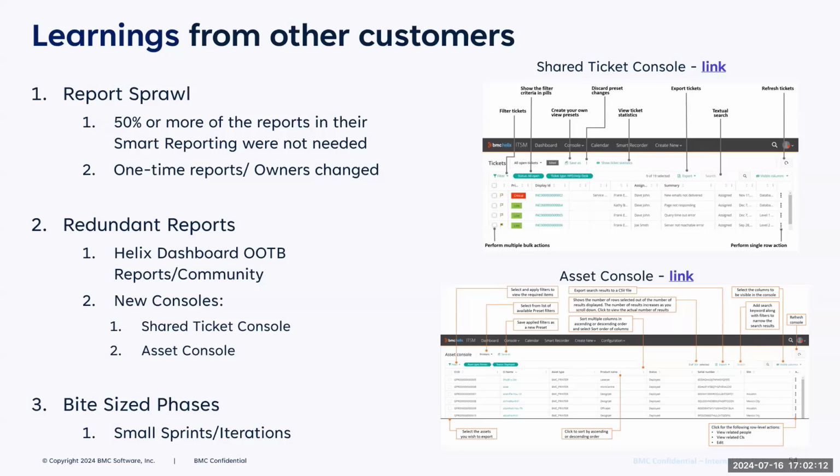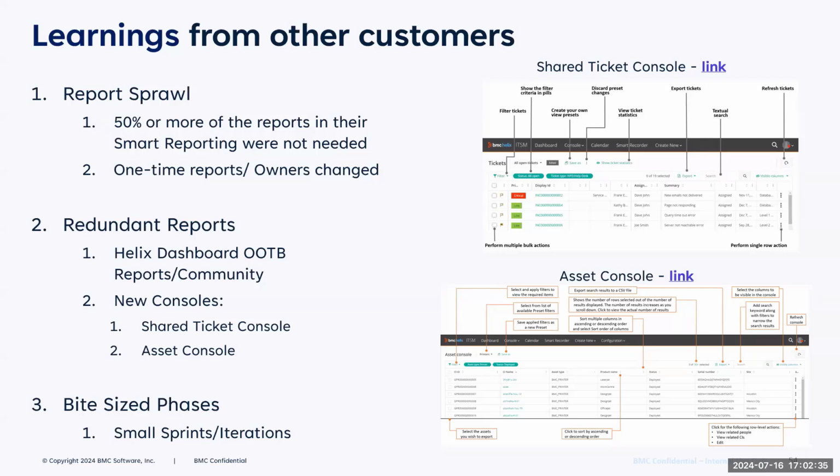And there are multiple reasons for this. One common reason is the report was done as a one-time use report, and it was not really used ever after. The other common cause is owner changing, either getting transferred to a different part of the organization or leaving the organization.